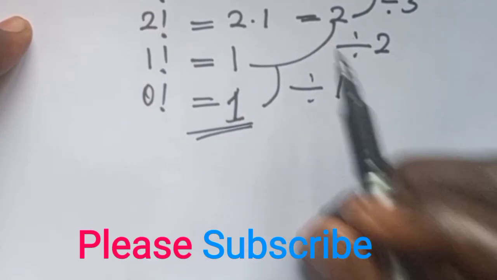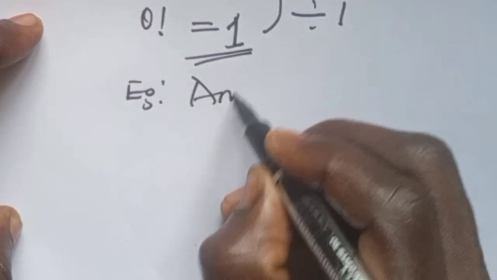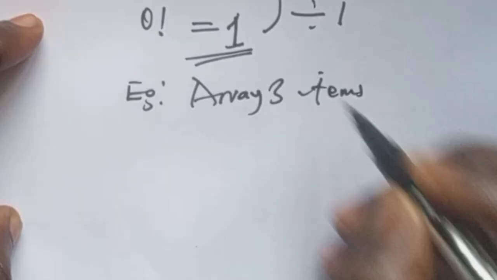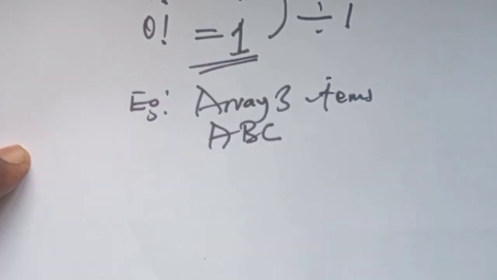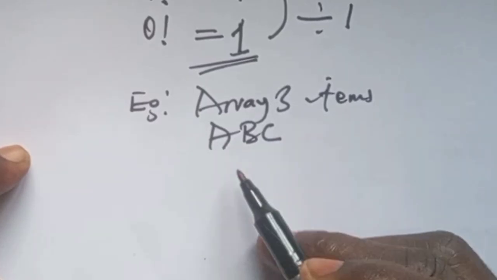Alright, let's continue. For example, if we have 3 items, let's say A, B, C, factorial will enable us to know the number of ways A, B, C can be arranged.